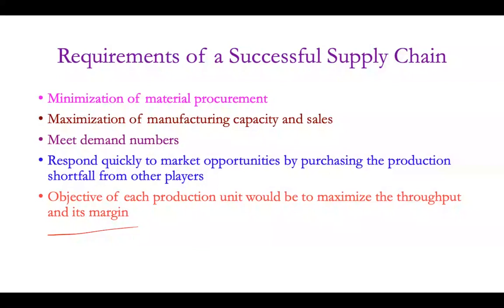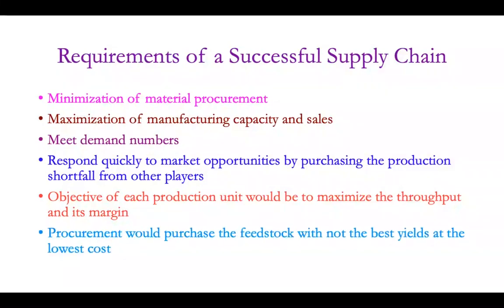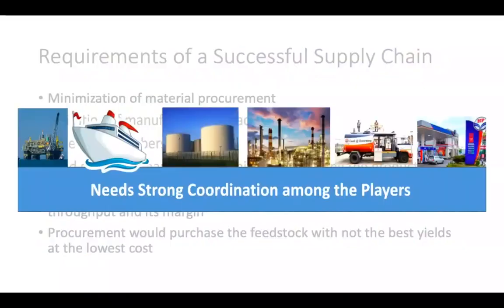So if these requirements are fulfilled, then the procurement would purchase the feedstock with the best yields at the lowest cost, which will make the petroleum industry successful in a supply chain pattern. So from here, what are the needs?